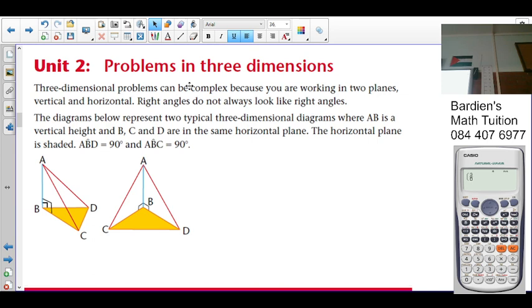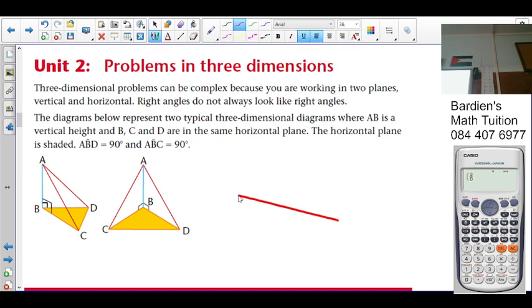Right, so complex because you work in 2 planes, vertical and horizontal. Right angles do not always look like right angles. So if you've got a triangle on your horizontal plane, we will consider that to be your floor, and you've got a wall built there.